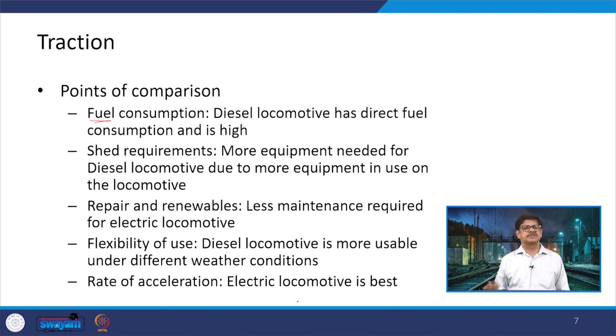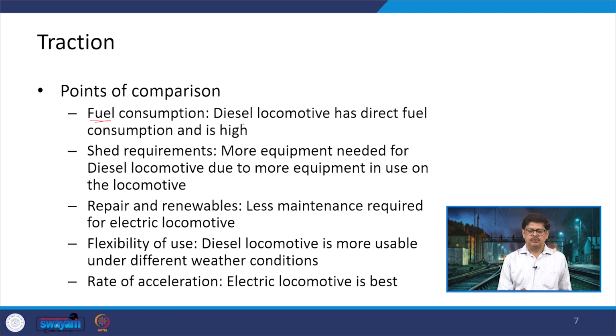So, generation is somewhere else, and that is not being taken into account in this particular case. So, some people can say that there is a diverse idea, an idea against this particular point, that the diesel locomotives are consuming more. If we account for the electricity generation, the picture may be different or equal also.